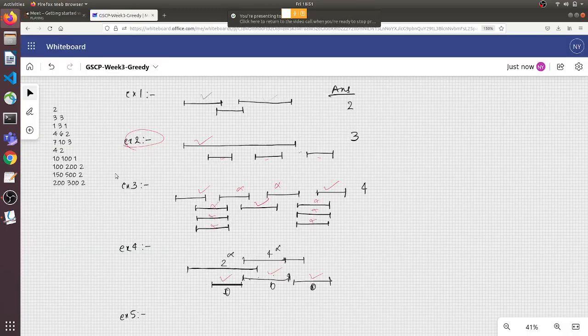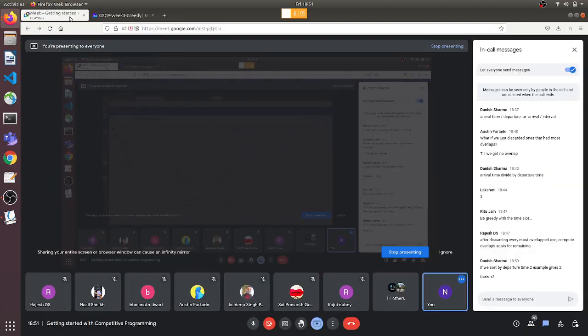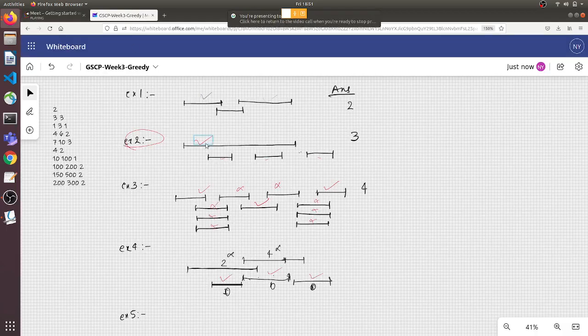Sorting by departure time, example 2 gives 2. How does that give 2? Okay, I'll try to explain this quickly. In example 2, I'm just using these intervals like line graphs, right?